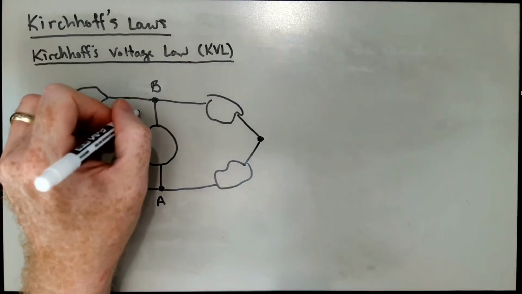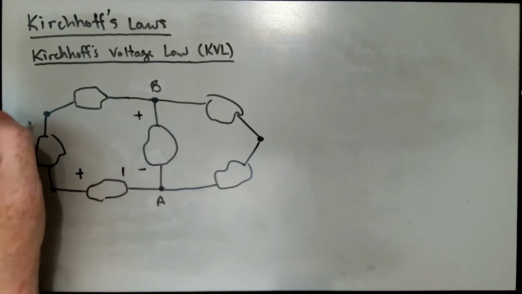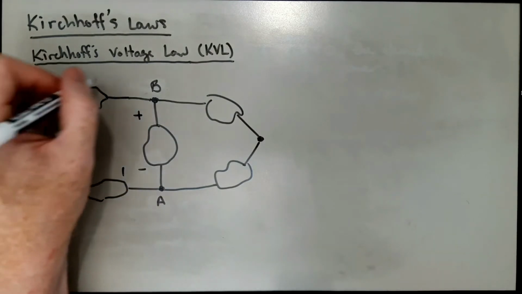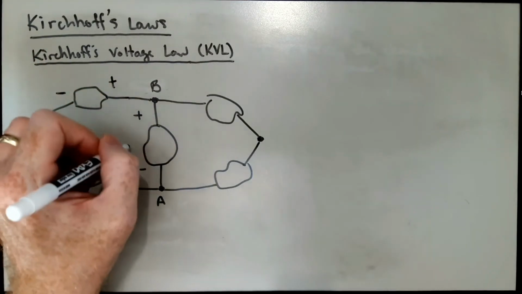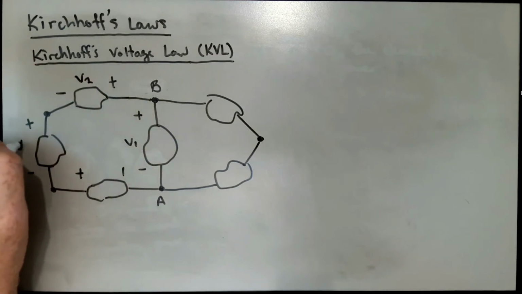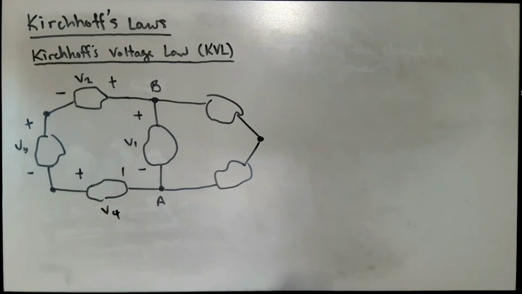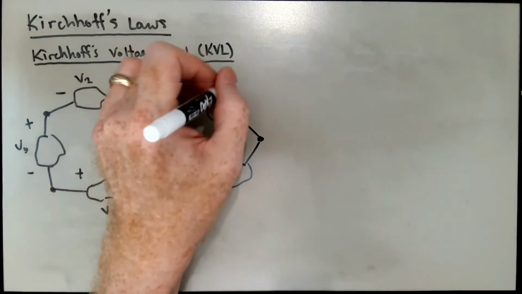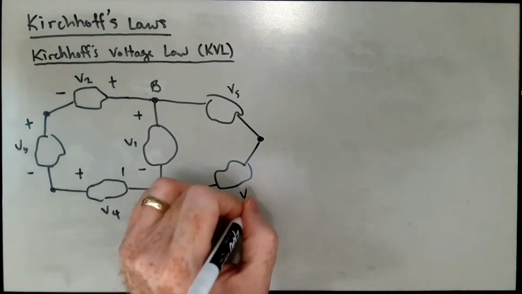So I might have some voltages across these elements like this. I could call this, let's say, V1, V2, V3, V4, and maybe V5, V6.